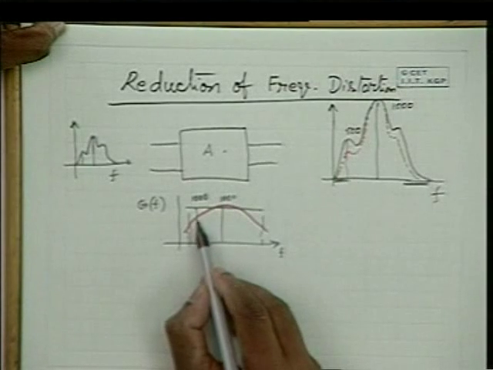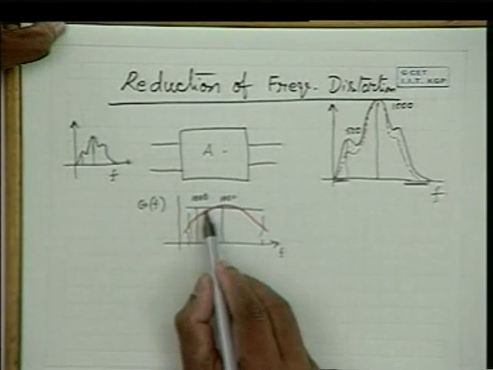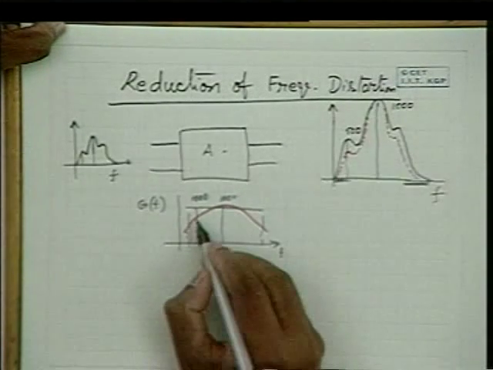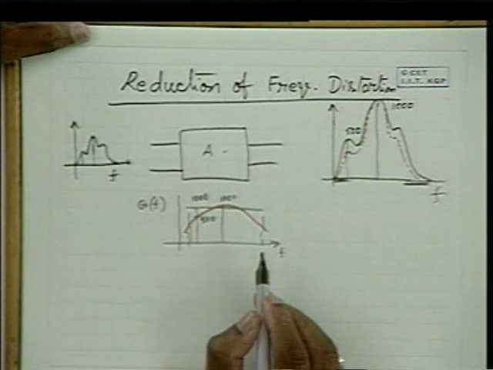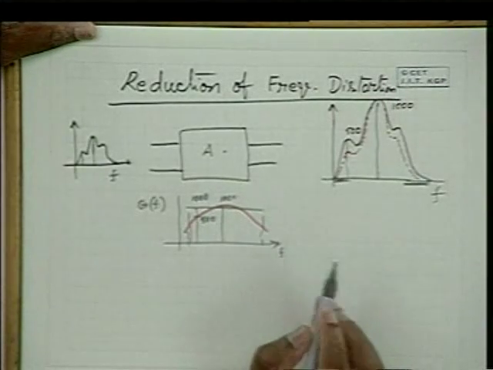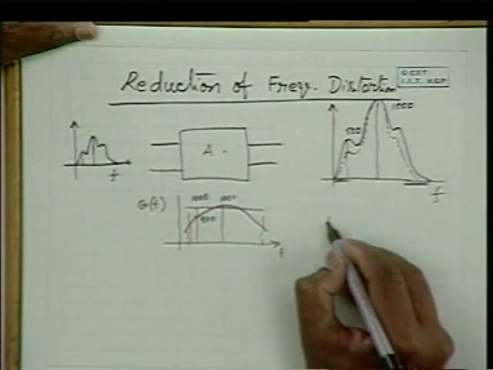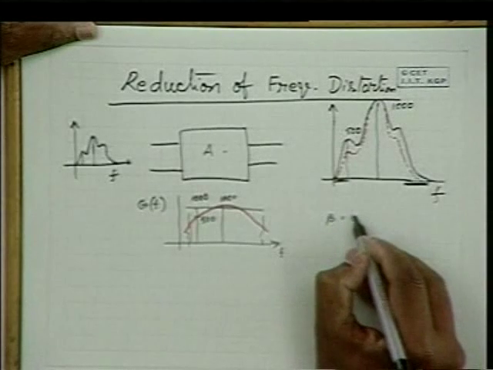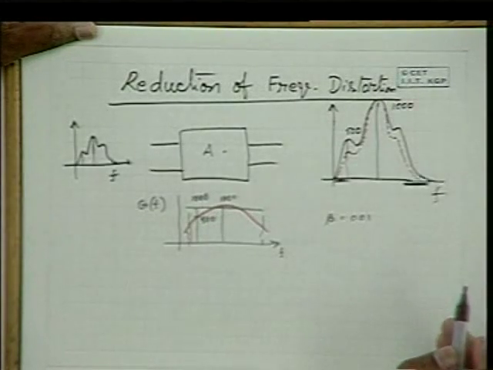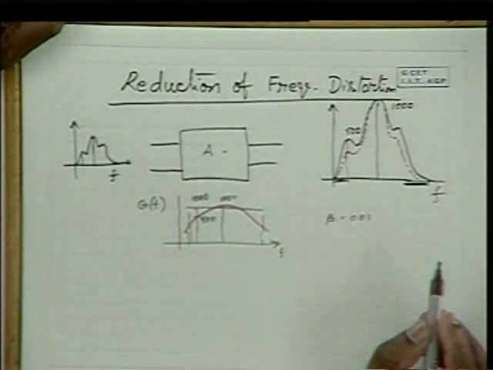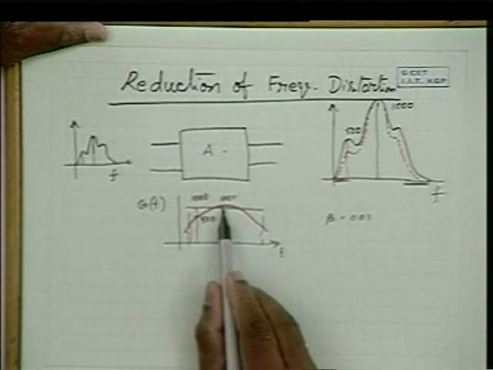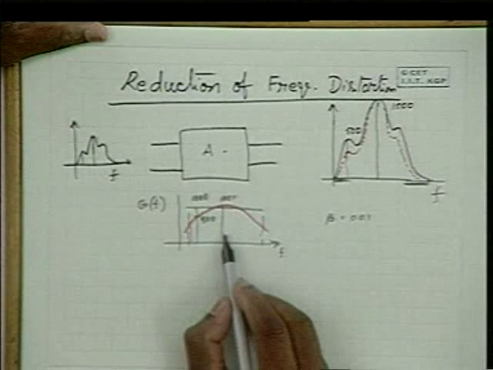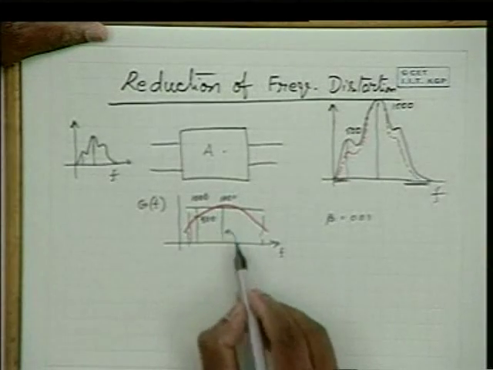Because of distortion by the amplifier, let us say the gain is equal to 500 here, and let us say beta is equal to 0.01, and now we have provided feedback and beta is 0.01. Now if you provide a feedback of 0.01, how much would be the gain here?